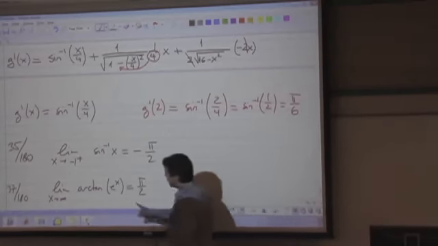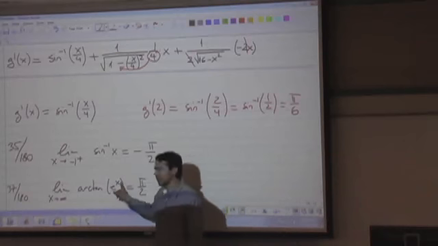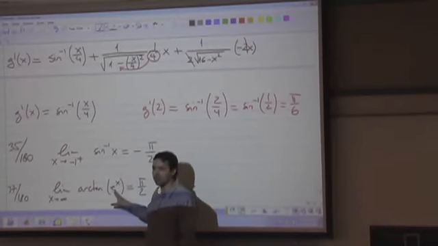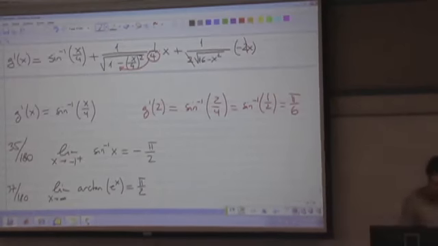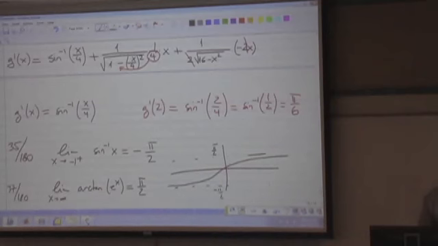As x goes to infinity, e to the x goes to infinity. Right? So the question is, what is arctangent of infinity? And if you think about the graph, that will be the graph.